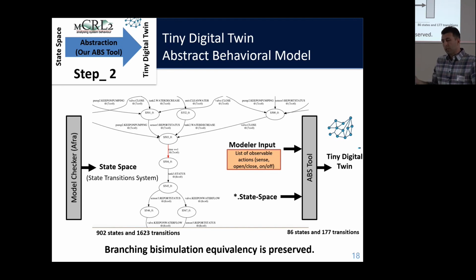The generated state space, we call it a tiny digital twin. As you see, the generated tiny digital twin is around 86 states and 170 transitions rather than this big state space.